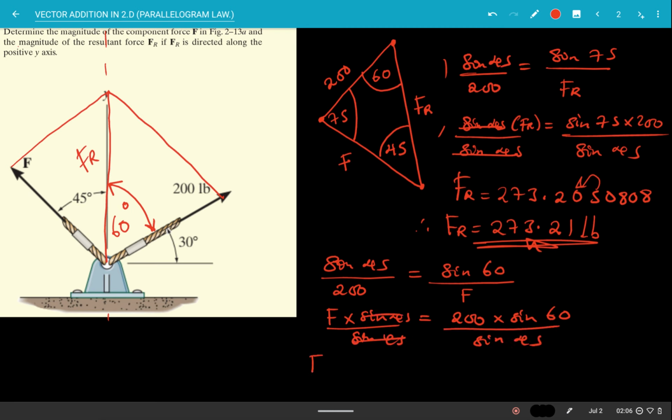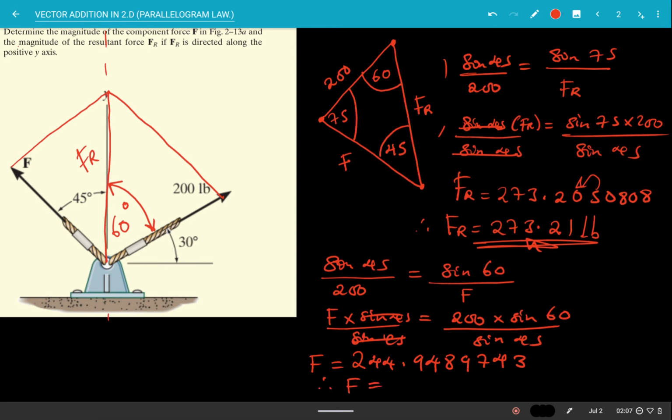That cancels with that. So F is equal to, now you do the magic, 200 times sine 60, then divided by sine 45. So you end up having 244.948974 and so on, so we have to round off to decimal places.